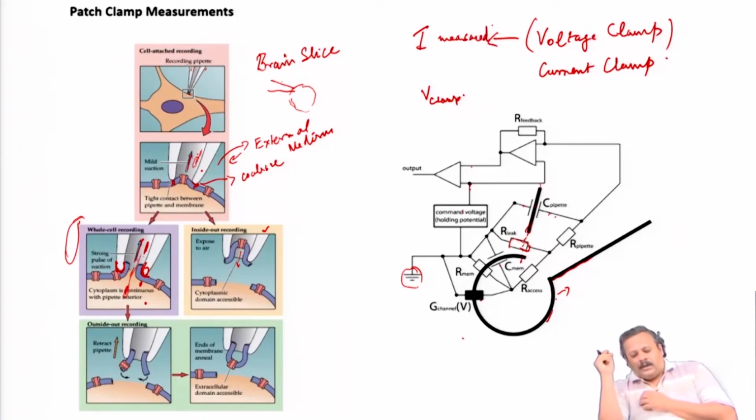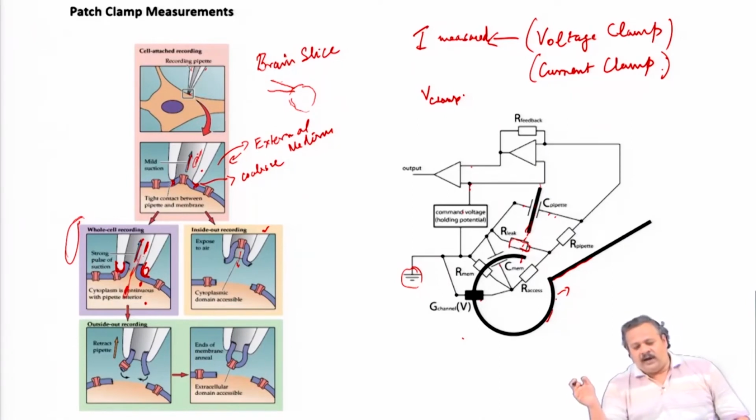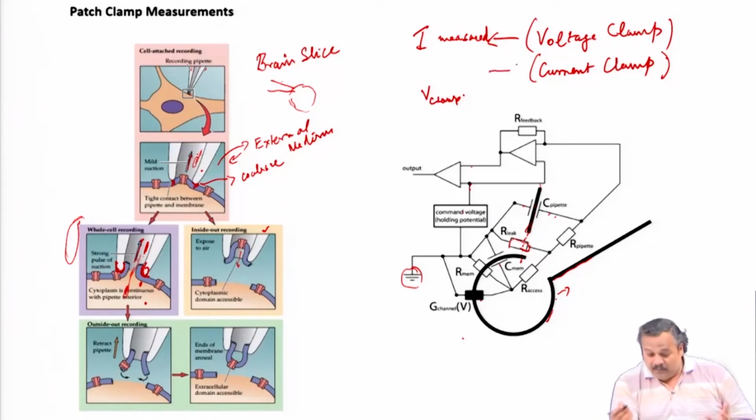And accordingly, if we think of the other way around, we can do the exact same thing, where we set a current, that is, there is a fixed current flowing across the membrane, and we measure the voltage required to maintain that current, or the voltage profile required to maintain that current profile even.